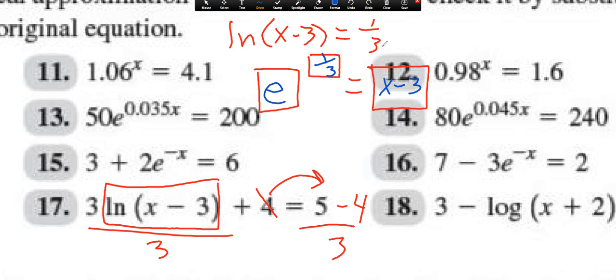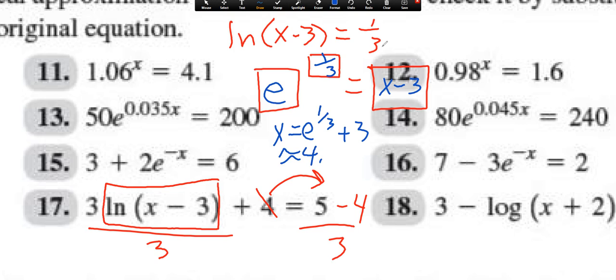So e to the 1/3. Once you've got e to the 1/3 on your calculator, what are you going to do to get x by itself? Add 3. Thank you very much. So we got an approximate value of what? 4.396.